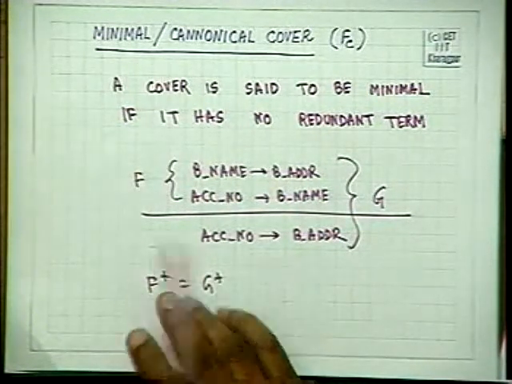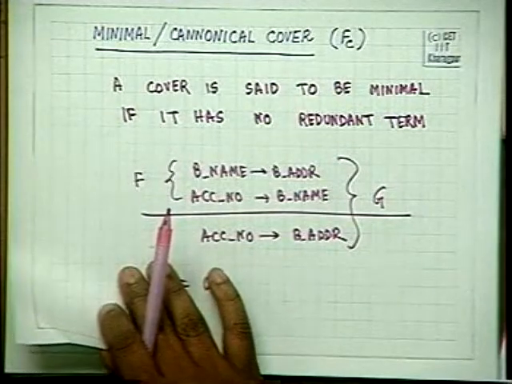We do not want to express more than one unnecessary redundant attribute. To do that, we have to remove, as I had mentioned earlier, those which are on the left and those which are on the right.